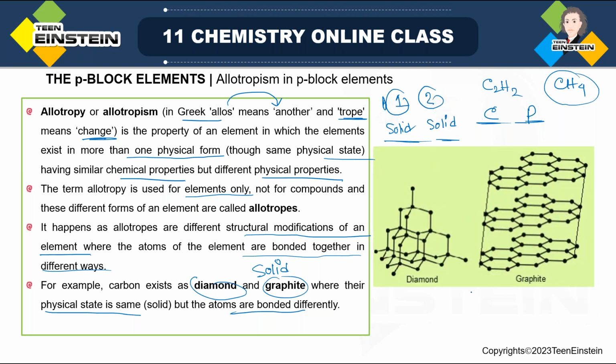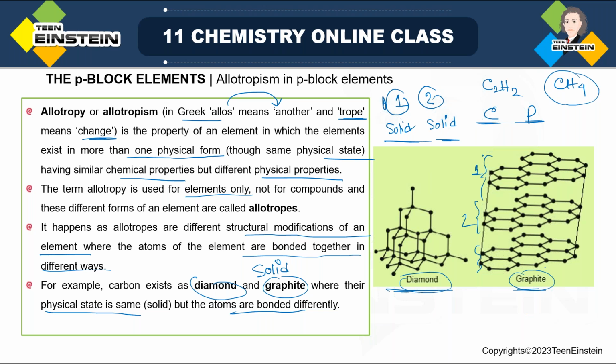Here you can see, in case of diamond, the structure is one. In case of graphite, there is a layer structure. This is one layer, this is the second layer, this is the third layer, and here we have a network type of structure. I'm not going into details. Diamond is very hard because of this network structure. But graphite is slippery and soft, because these layers can slide over one another very easily.